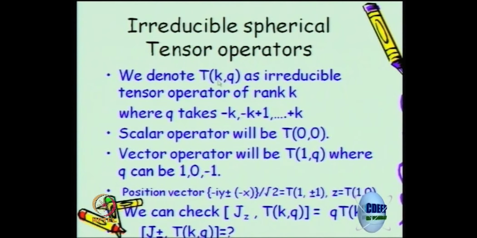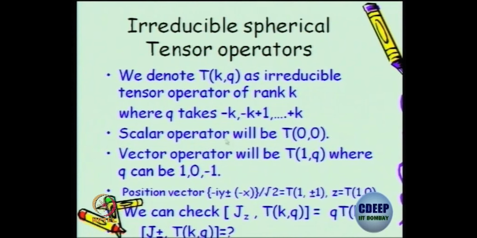So k is always a positive integer that gives you the rank, and q, just like your angular momentum, runs from minus j to plus j. Q is restricted to take values from minus k to plus k. All operators with integer k, which I will call a tensor operator of rank k, and the q will take possibilities from k to minus k in steps of 1.